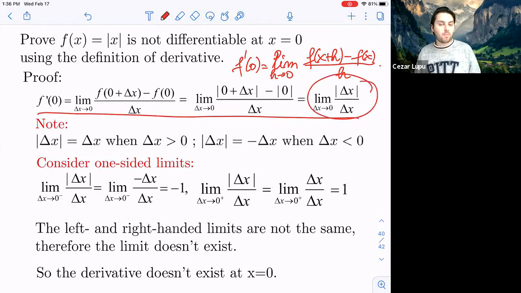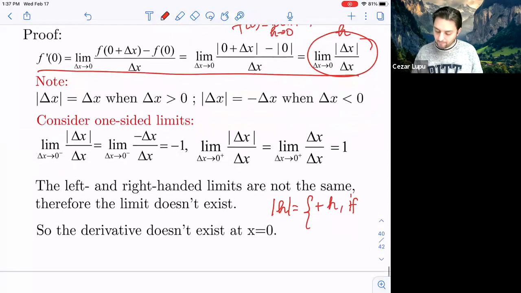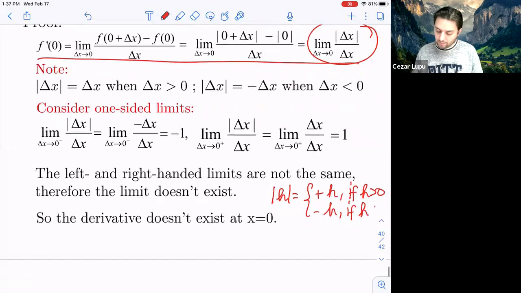But now we have a problem because we need to deal with the absolute value of delta x, or the absolute value of h. By the definition of the absolute value, let me remind you that the absolute value of h is h if h is positive, and negative h if h is negative.